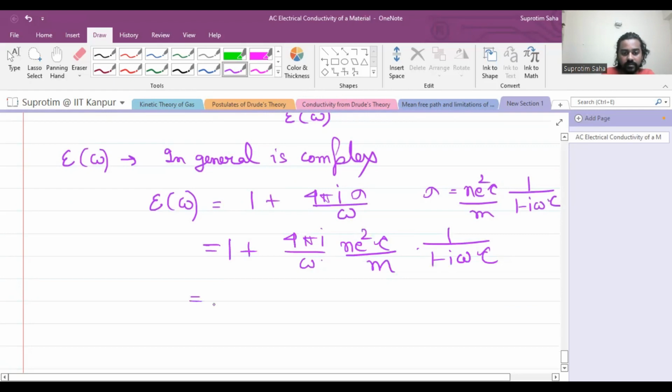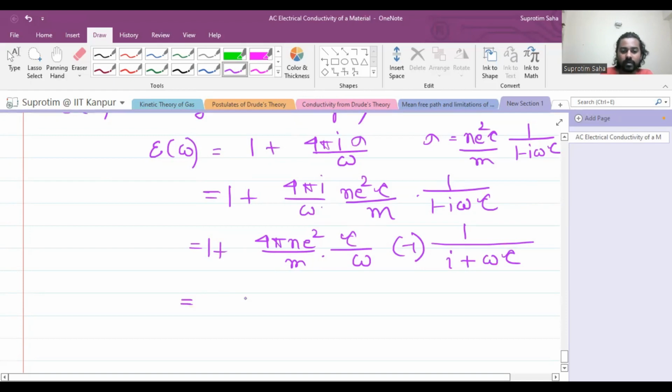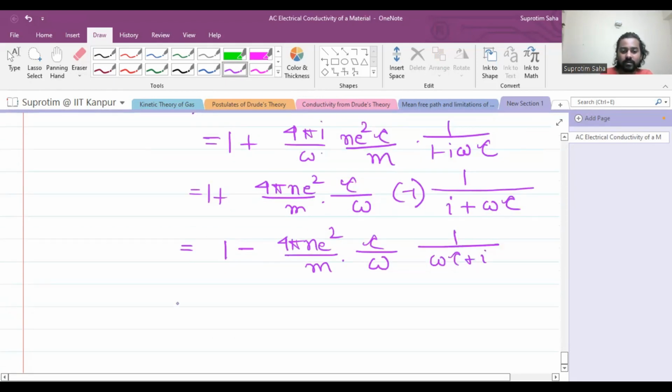This can be manipulated by multiplying the numerator and denominator by (1 plus i omega tau), giving 1 minus 4 pi n e squared over m times tau over omega times (omega tau minus i) over (omega squared tau squared plus 1).